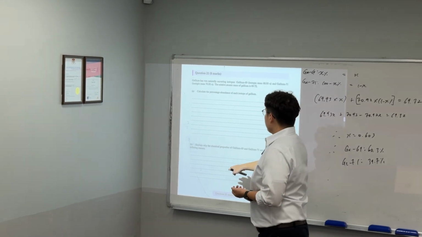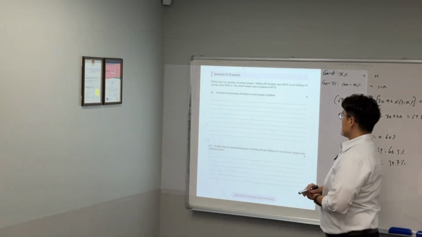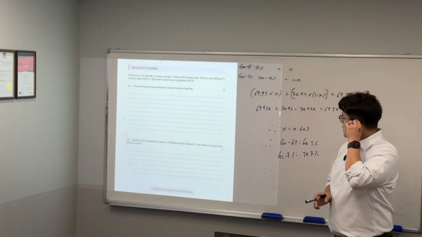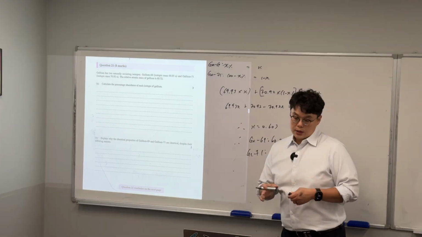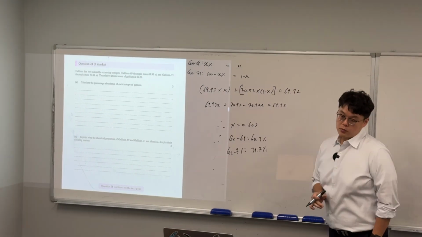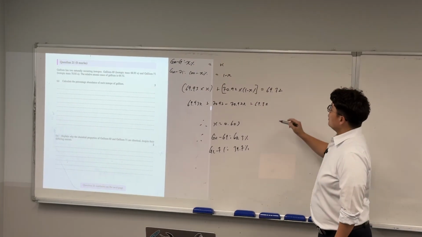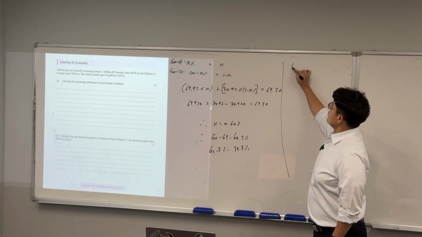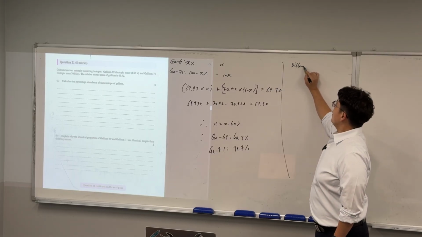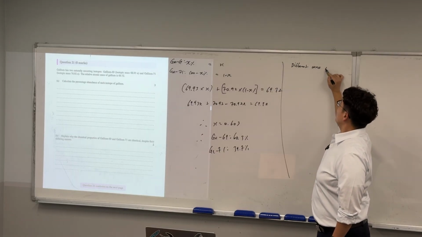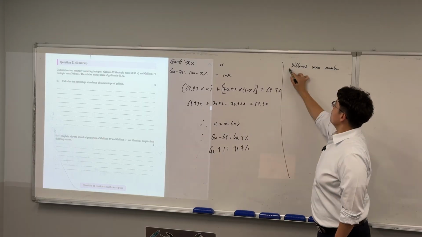B, explain why the chemical properties of gallium-69 and gallium-71 are identical despite the different masses. So what are the chemical properties? Will we determine that here? First of all, the mass number. Kirsty, what gives them a different mass number?